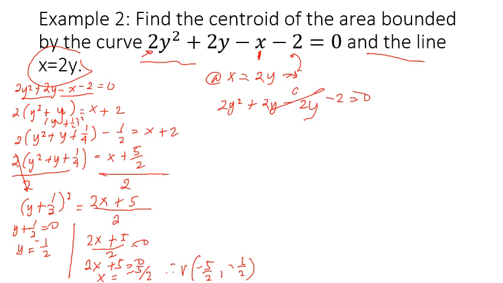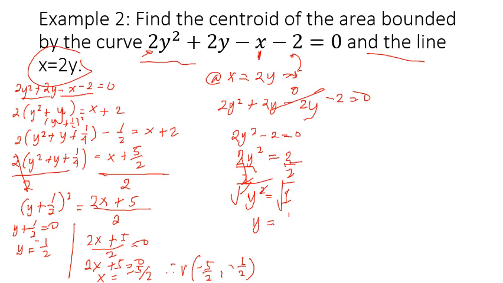So this becomes 0. You have 2y squared minus 2 equals 0. Transpose 2 to the other side, so you have 2y squared is equal to 2. Then divide by 2. Then y squared is equal to 1. So get the roots of both sides. So our y is equal to positive or negative 1.